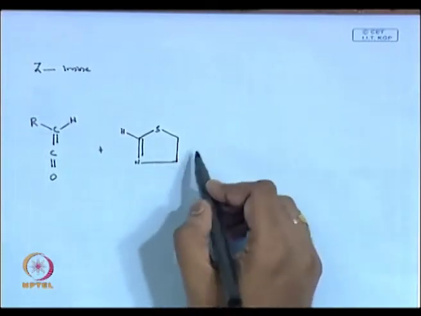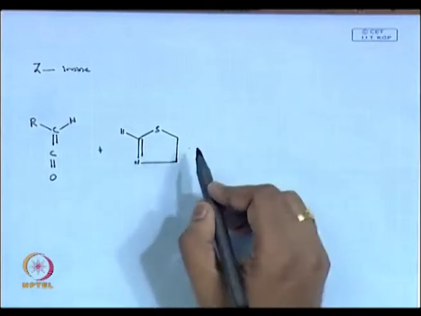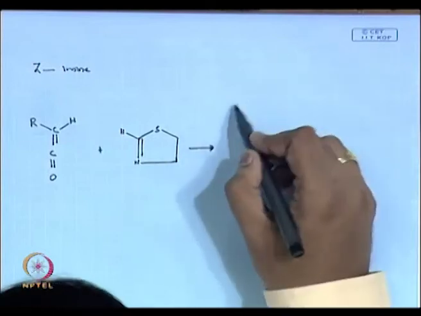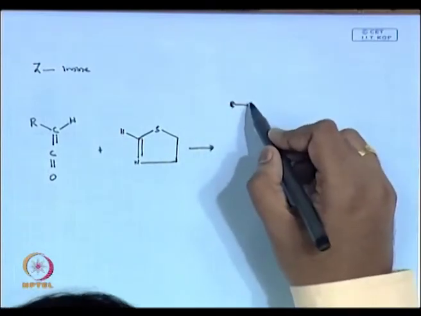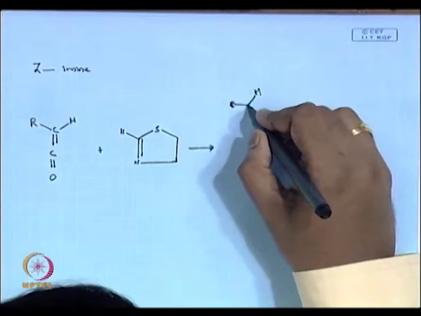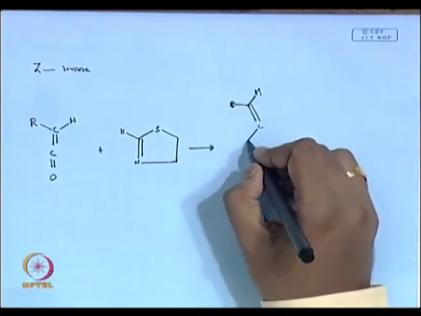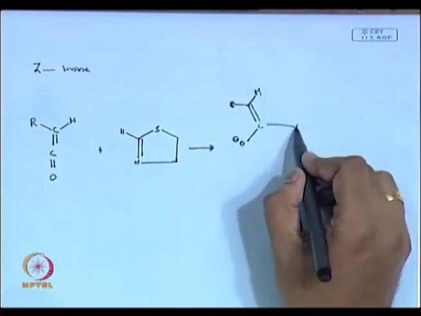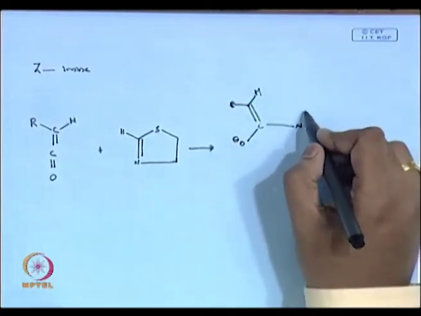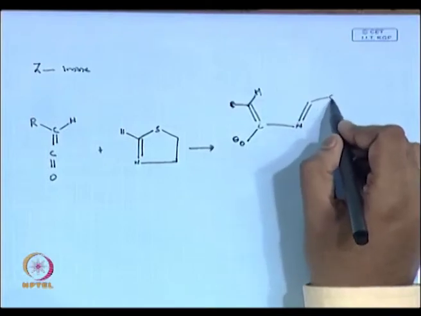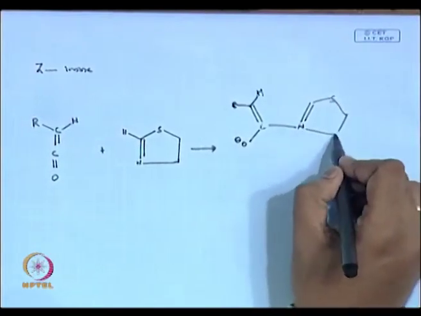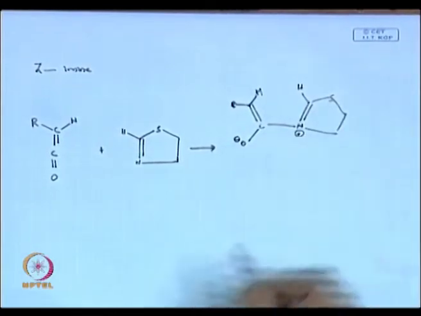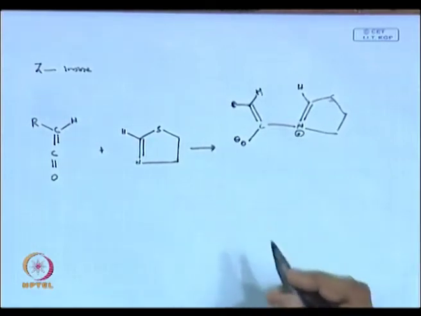Now you can draw it in two ways to get two types of products. One way of drawing is that you keep your RH, because you are talking about your alkene system, O minus, then I have hydrogen here, you have an N plus. You can draw this same structure in one way.